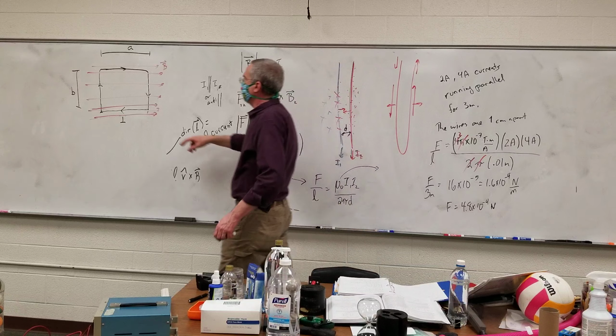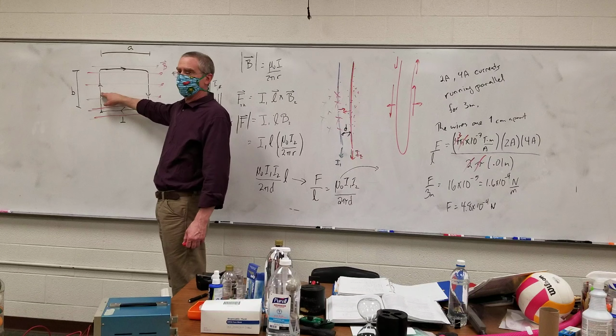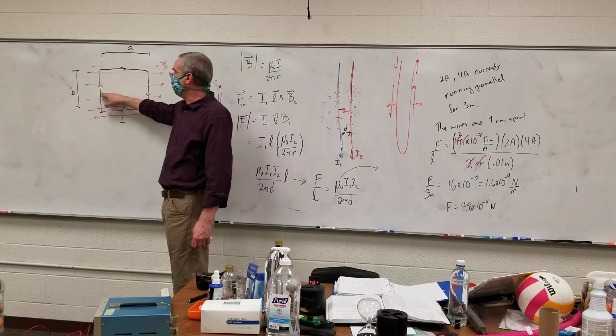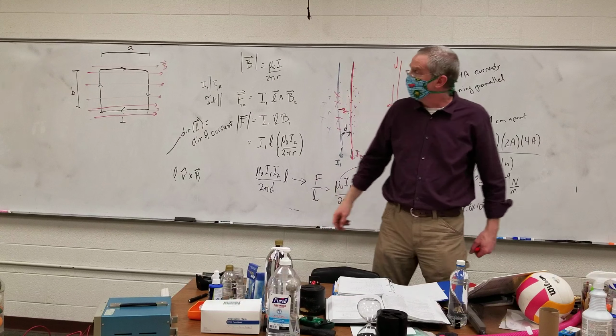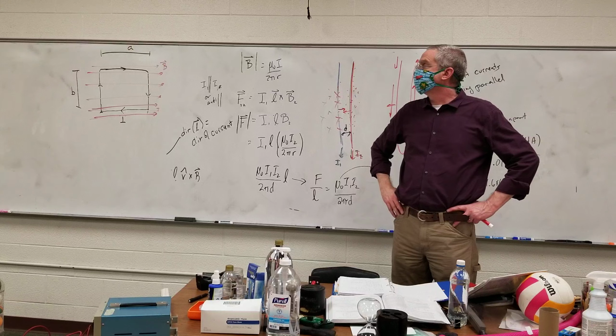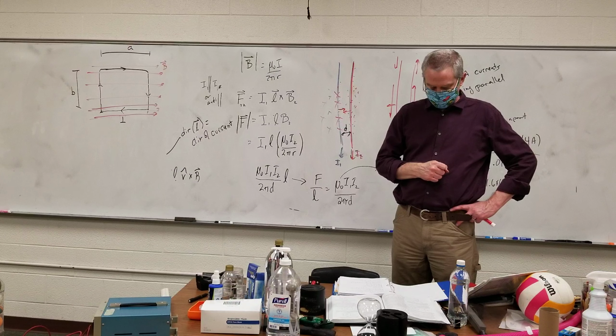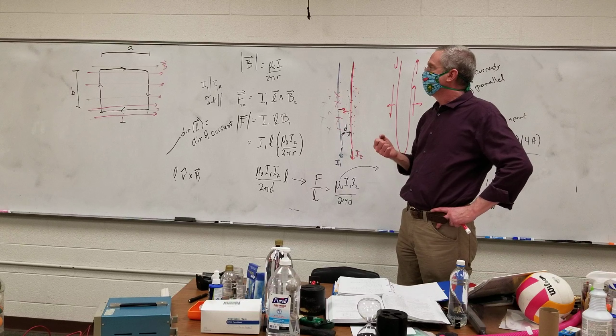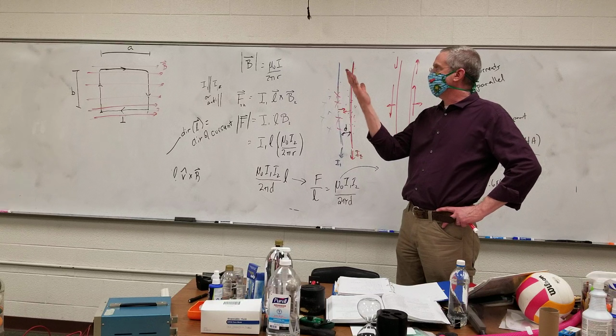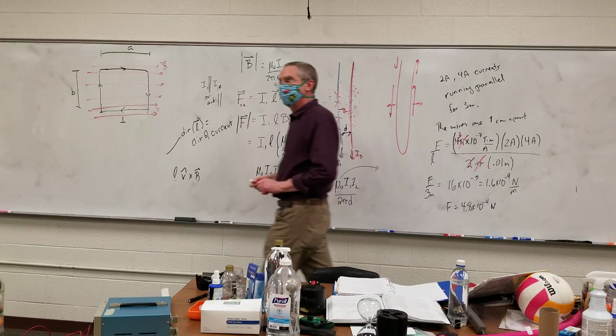So on the left wire, right here, what is the direction of the force acting on the left wire? Current's going up, magnetic field's going off to the right. Into the board. All right, so we got L cross B, yep, into the board.